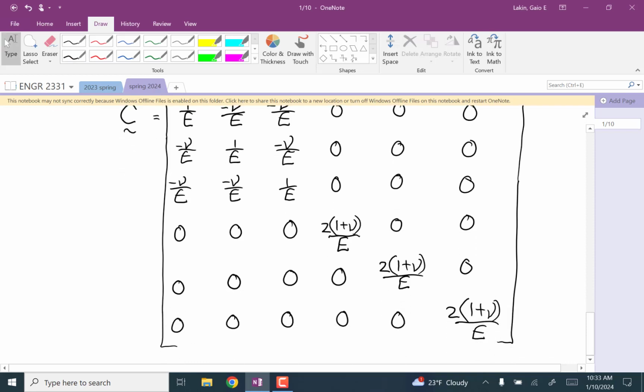Then based on that, you can fill out this compliance matrix that lets you determine the relationship between the stress at a point and the strain at a point. So if then, for example, you know what the stress is in a piece of copper at this spot, this matrix will let you calculate the strain at that point.